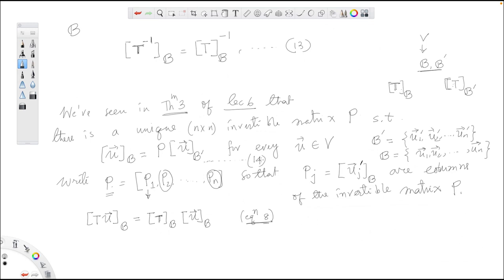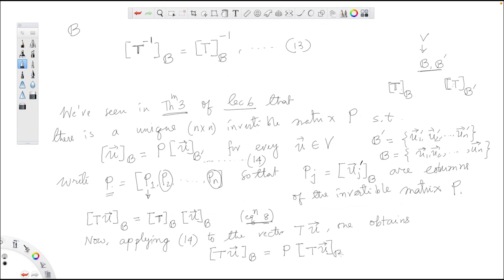Now by means of equation 14, applying 14 to the vector Tu, which is a vector in the vector space V, one obtains, replacing u with Tu, that the coordinate vector of Tu relative to the ordered basis B is equal to P times the coordinate matrix of the vector Tu relative to the ordered basis B prime.